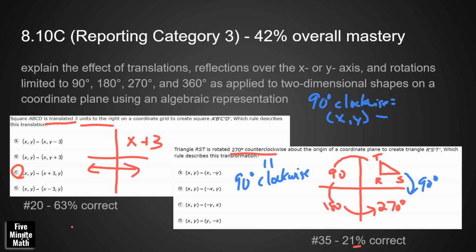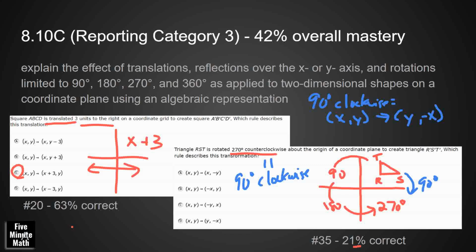They always flip. So your X becomes your Y, and your Y becomes your X. And then one of them always turns negative. And in this case, since it's the 90 degrees clockwise, which is the same as that 270 degrees counterclockwise, it's the second variable that flips. So it becomes Y, negative X.